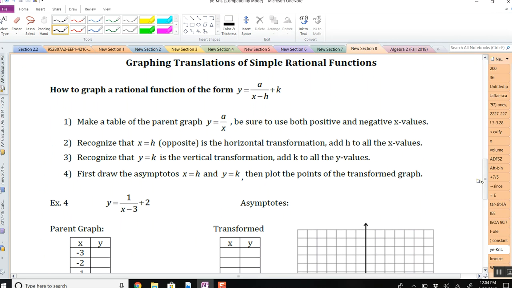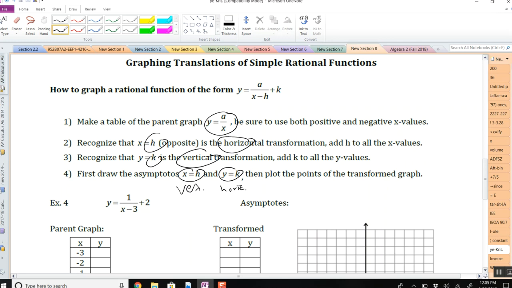Now let's do some translations. So you have h and k, which is the same as before. H is horizontal, k is vertical, no different. That's the parent, a over x. And your asymptotes, that's going to be vertical, that's going to be horizontal.